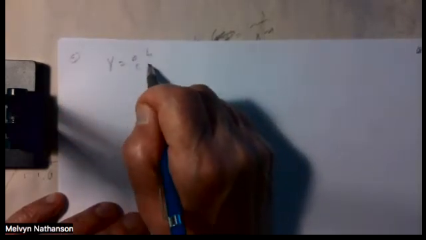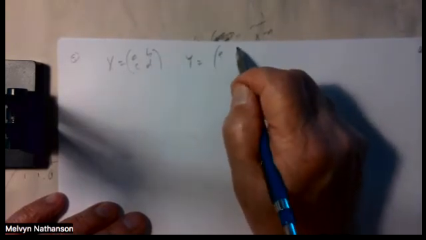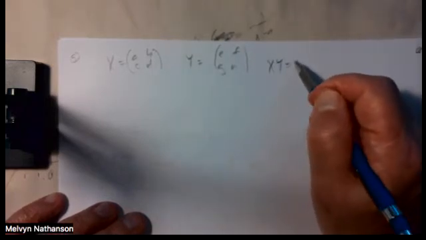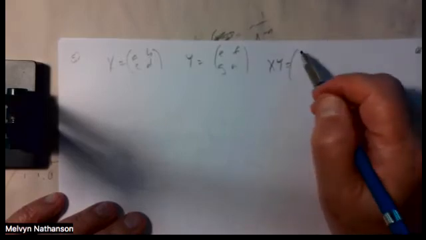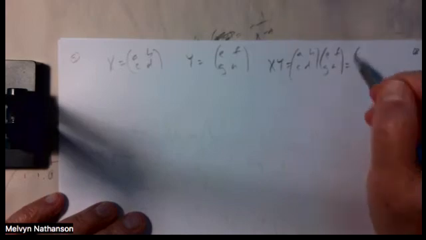Problem 7 is just to check that the rule for multiplying determinants is correct in the case of 2 by 2 matrices. So we have X is the matrix A, B, C, D, and Y is the matrix E, F, G, H. And if we multiply them, A, B, C, D times E, F, G, H, what do we get?